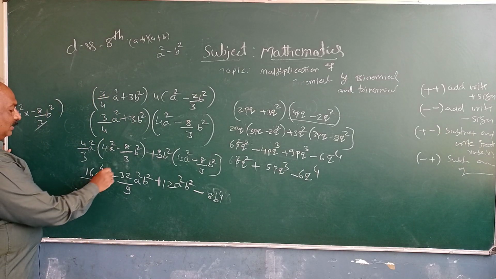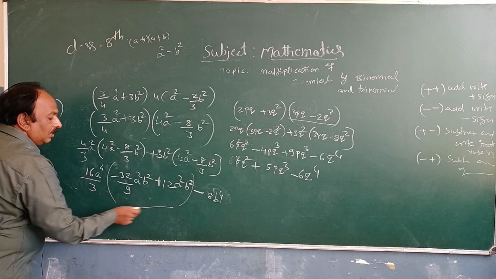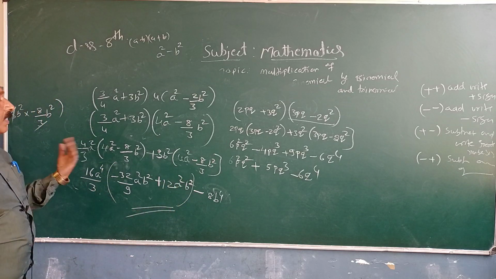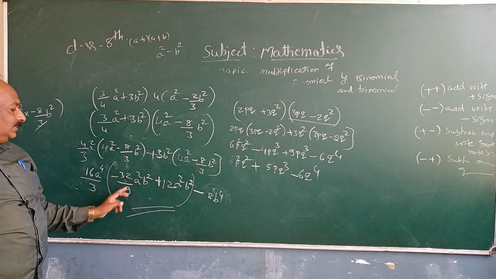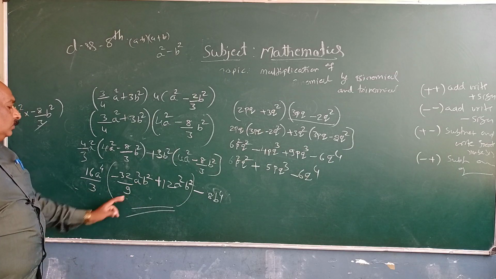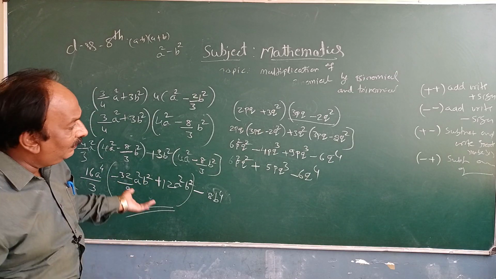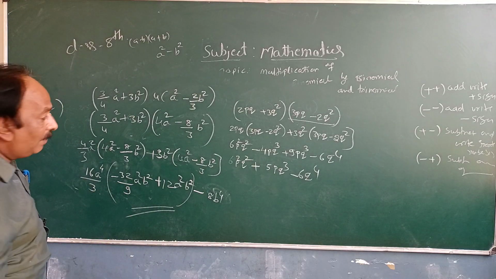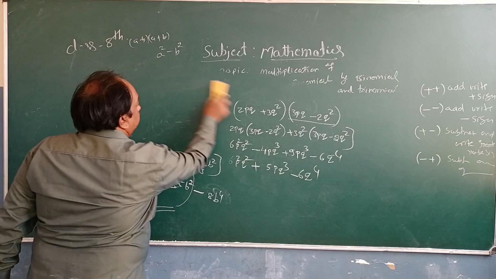See what happens here. These two are like terms. You have to stop at this stage. If you want to continue, take 9 as the LCM. 9 goes to this place, 9 12s are 108 A square B square, and subtract, and write up to your level. You may continue or you may stop at this stage. You get good marks. Next problem.